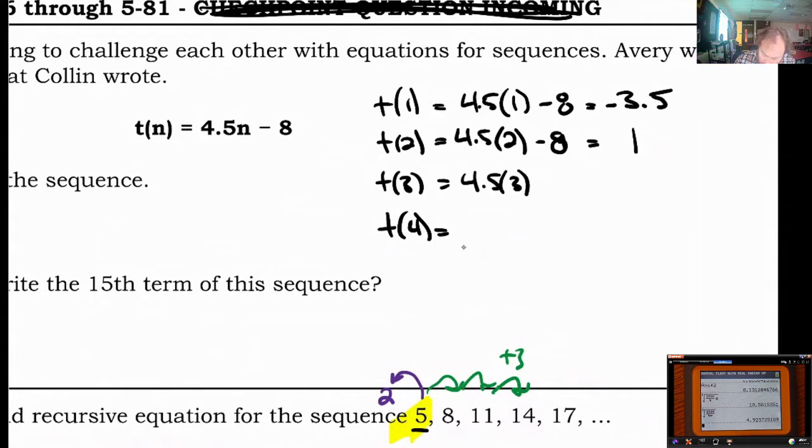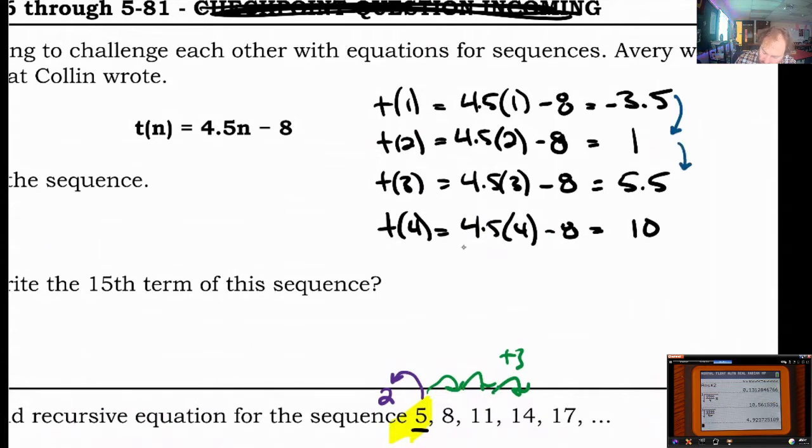Next we have 4.5 times 3 minus 8, which is 13.5 minus 8, which is 5.5. And then you have 4.5 times 4 minus 8, which is going to be 18 minus 8, which is 10. It's a little difficult to see because of the decimal going on here, but the pattern is plus 4.5, plus 4.5, plus 4.5. That's what's going on there with those numbers.